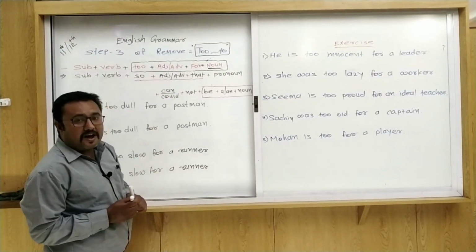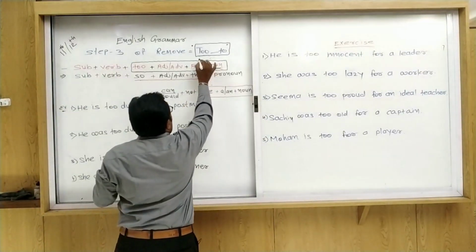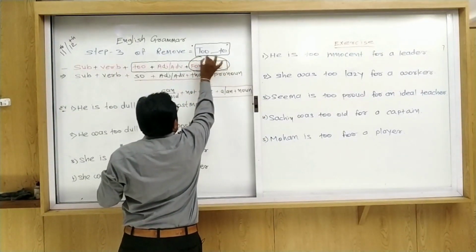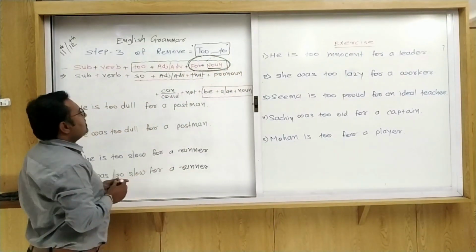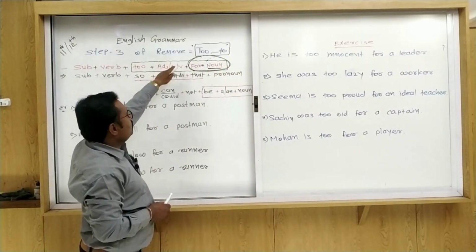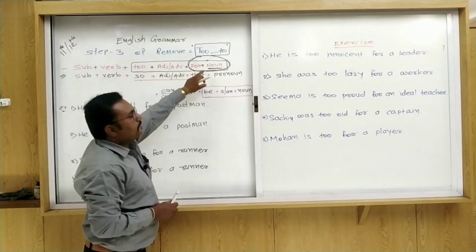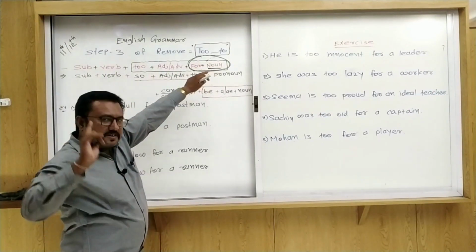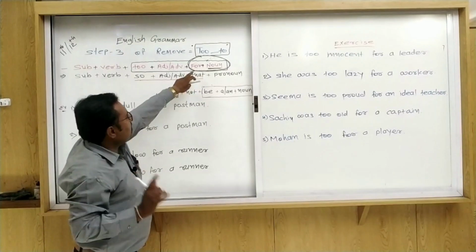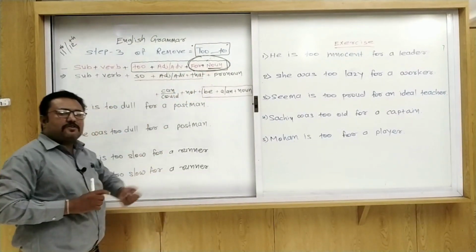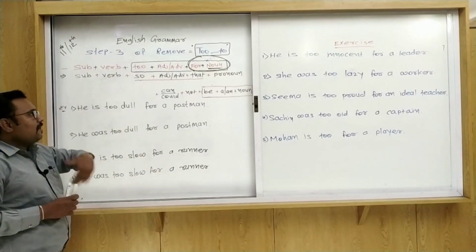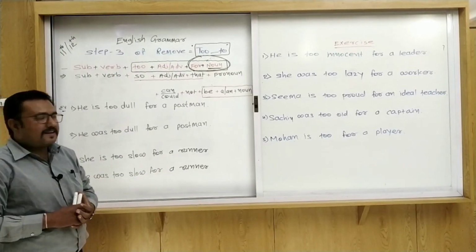for plus noun. So here please try to remember that today we are going to discuss "too" followed by for plus noun. So it is necessary to remember for plus noun. When for plus noun is used in transformation, then how can we make the right answer?